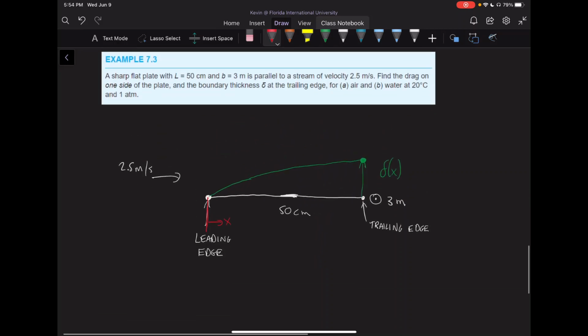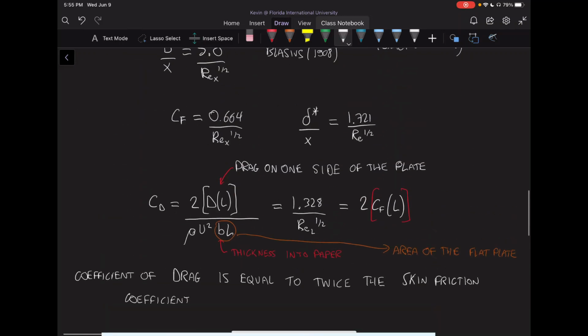So for part A, we're going to use air. For air, how do we solve our drag on one side of the plate? In order to find the drag on one side of the plate, we're going to use our equation for CD.